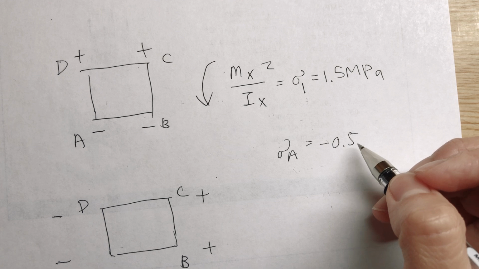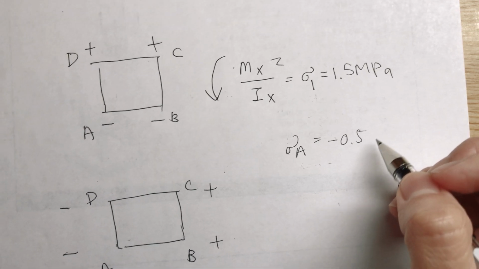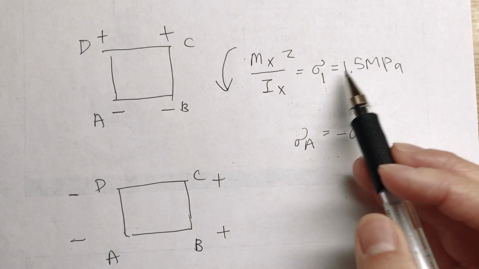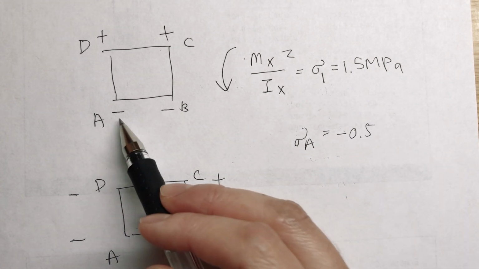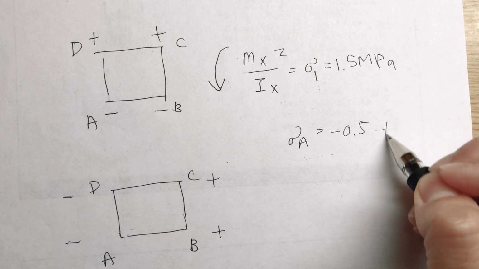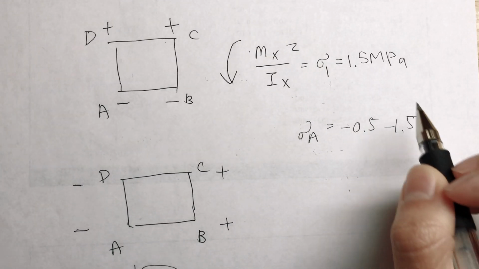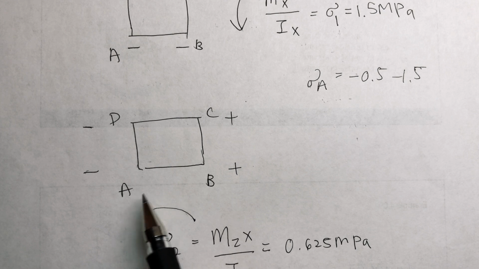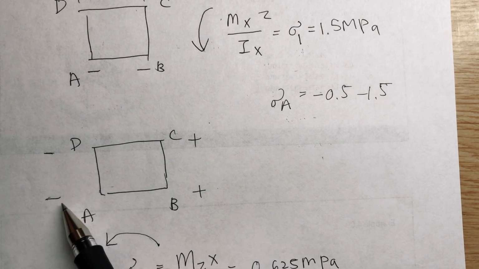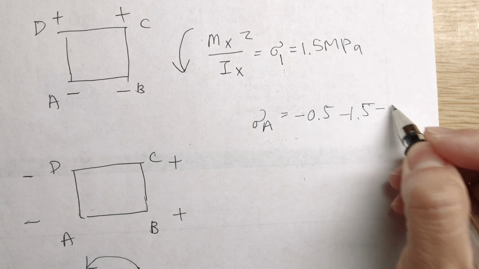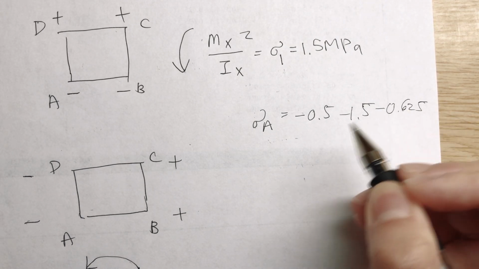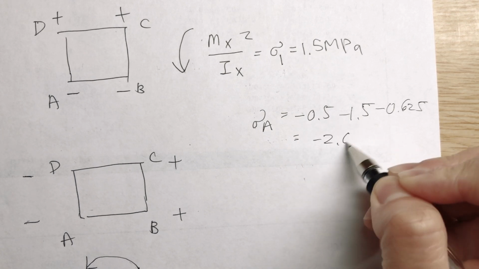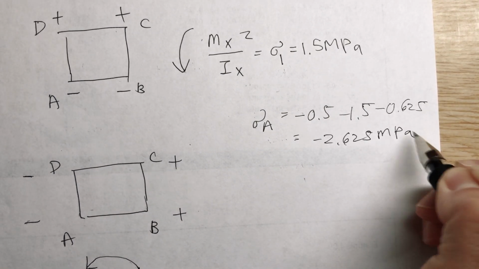And then stress 1 on A is negative 1.5. Okay? And then here at point A from stress 2, that's also negative, negative 0.625 megapascals. So stress at A is negative 2.625 megapascals.